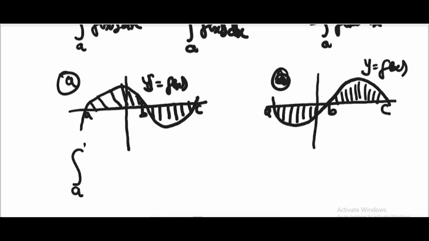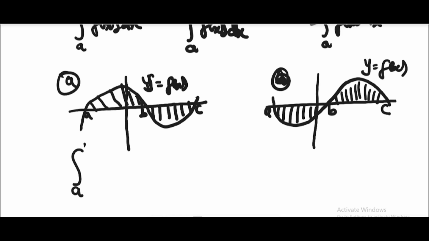So we'll have minus the integral with the limit b to c, f of x dx. For this other case, we have the bounding below first. So we'll have minus the integral with limit a to b, f of x dx, plus the integral with limit b to c, f of x dx.